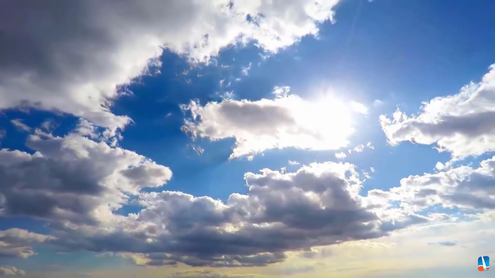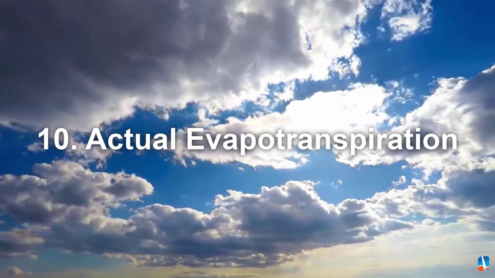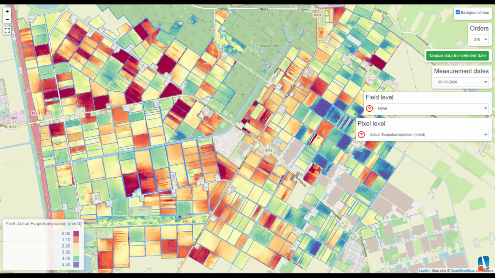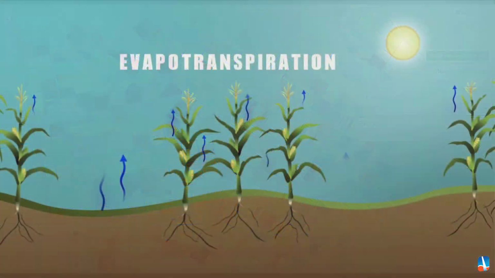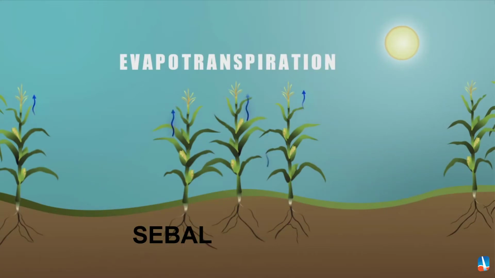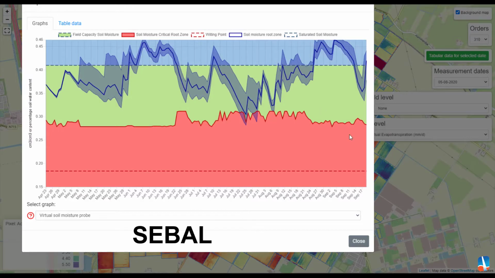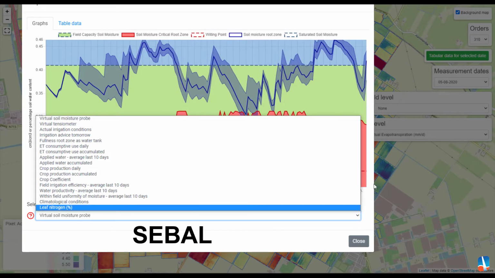We are moving on to number 10, actual evapotranspiration. IrriWatch measures the actual evapotranspiration of the crop in millimeters per day. It is an indirect measurement through the surface energy balance. We compute how much energy is consumed by evapotranspiration.